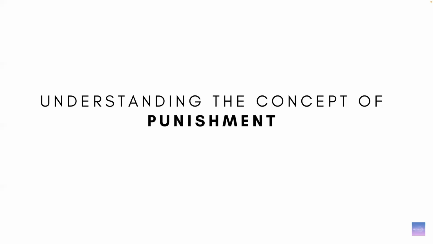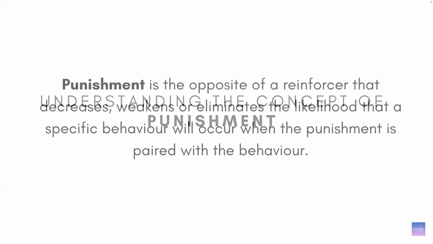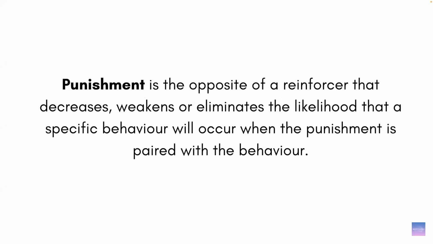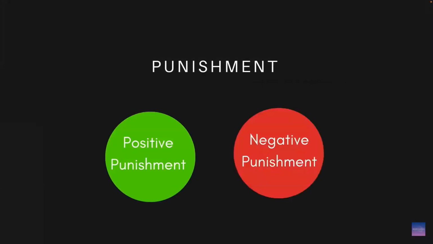Let's understand the concept of punishment in the context of operant conditioning theory. Punishment is the opposite of a reinforcer that decreases, weakens, or eliminates the likelihood that a specific behavior will occur when the punishment is paired with a behavior. Punishments can be positive or negative.